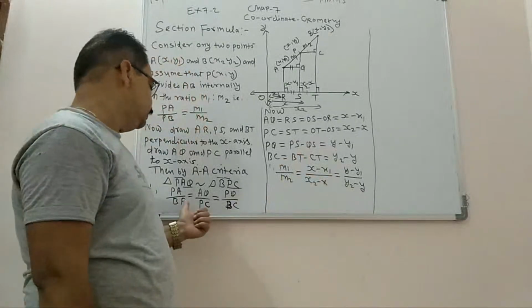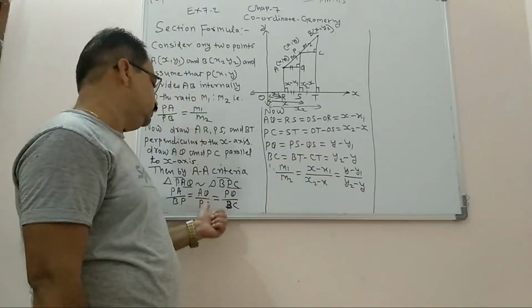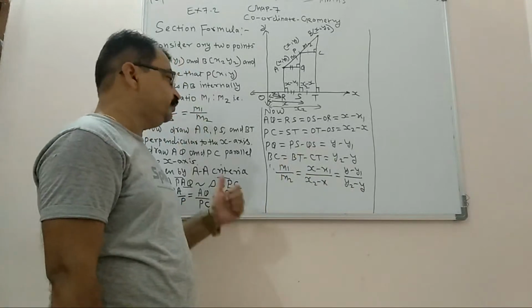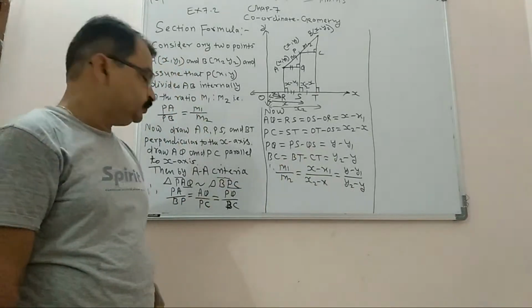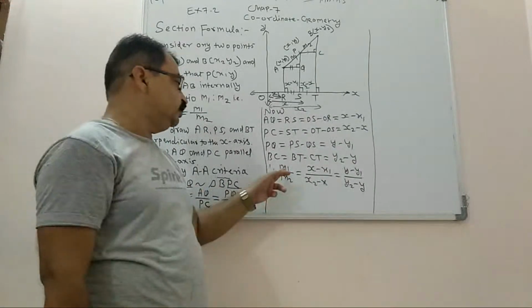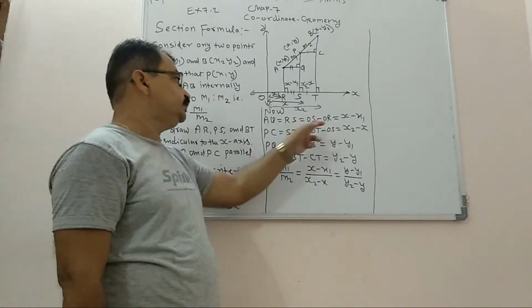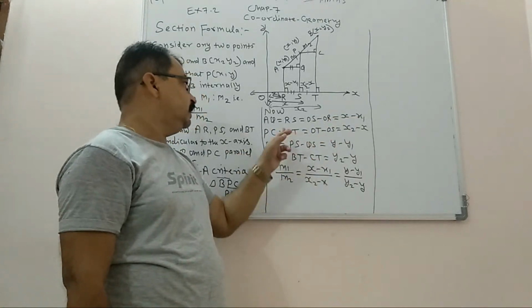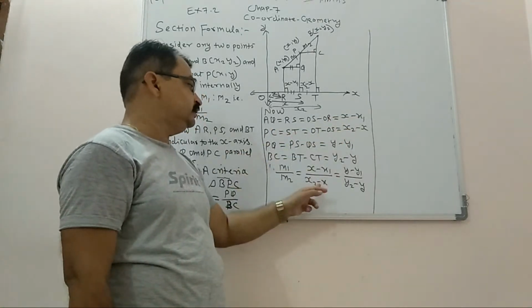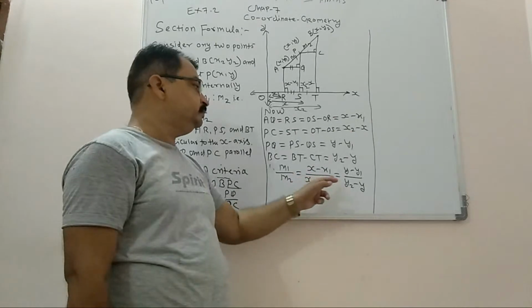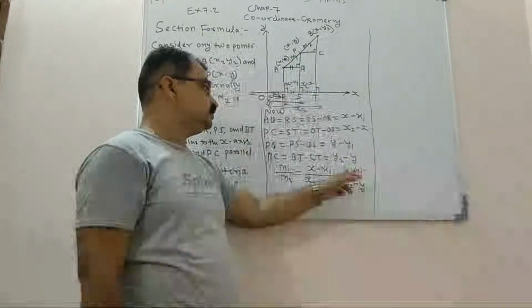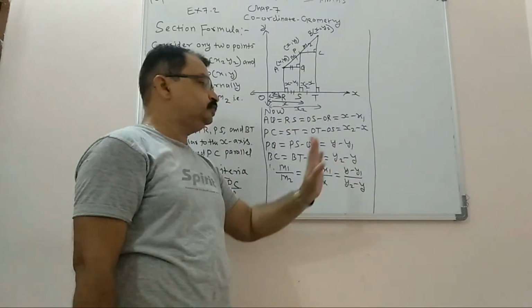Now put these values in the given ratio, PA upon PB equal to AQ upon PC equal to PQ upon BC, children. So PA upon PB is m1 upon m2, AQ upon PC is x minus x1 upon x2 minus x. Then PQ upon BC is y minus y1 upon y2 minus y.